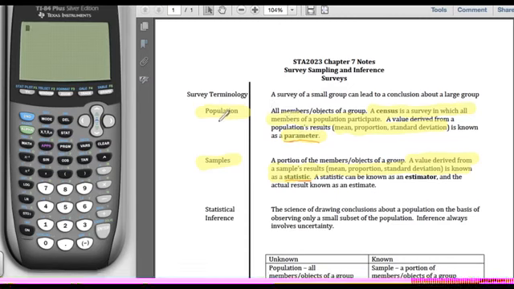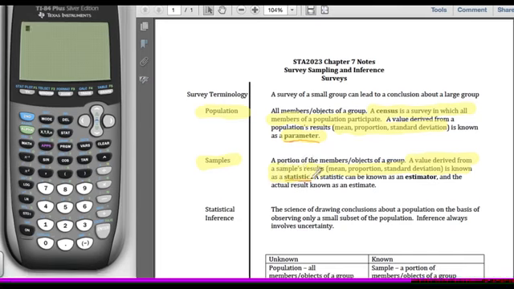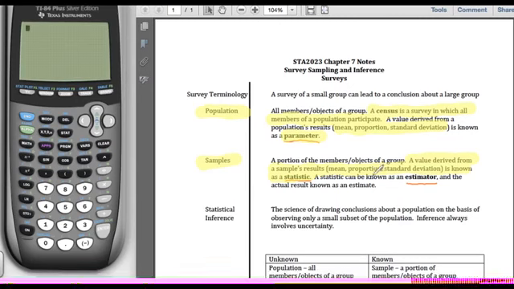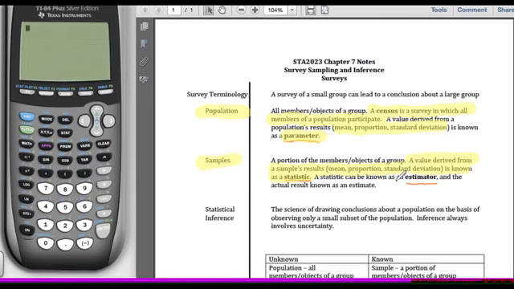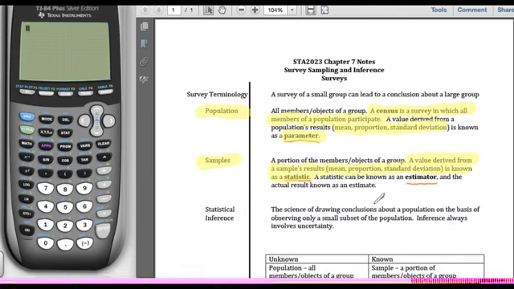Parameters come from populations. Note that this is a statistics course, so we're going to rely upon samples. Be aware that in your homework, a statistic can be known as an estimator. When you're asked to find the estimator, that's just your statistic, your mean, your proportion, your standard deviation from the sample. And the actual result is known as the estimate.